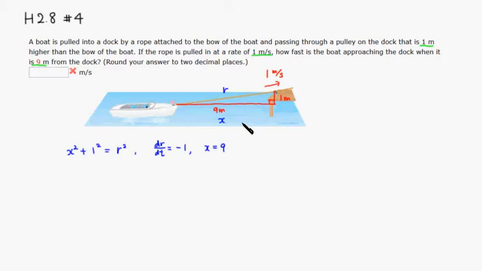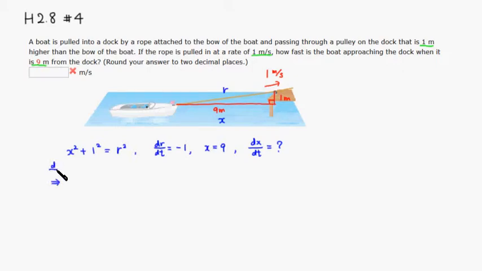Then what we're looking for is how fast the boat is approaching, so we're looking for dx over dt. This is the quantity in question. Let's take the derivative with respect to time.